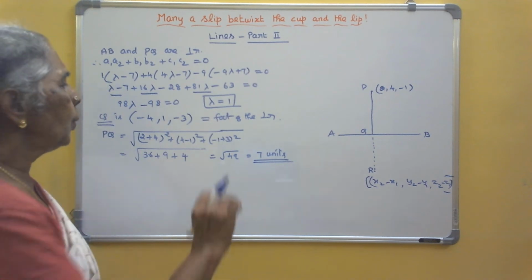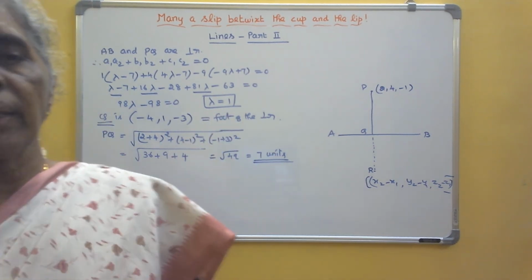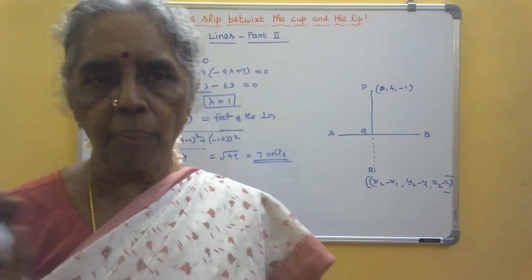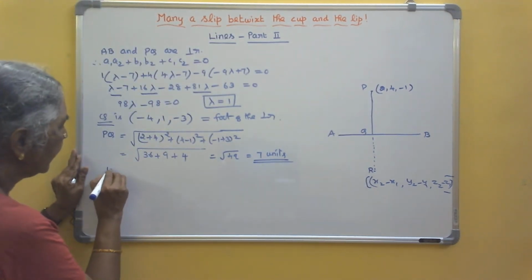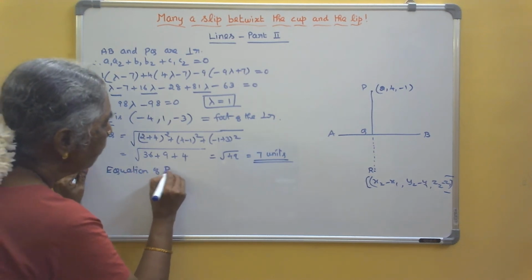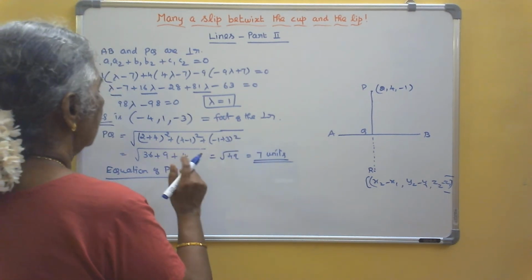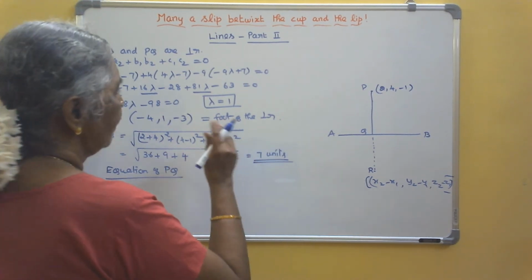You know P, you know Q, you know the equation of the straight line in two-point form, isn't it? So now the equation of PQ, that will be, we can take any point.